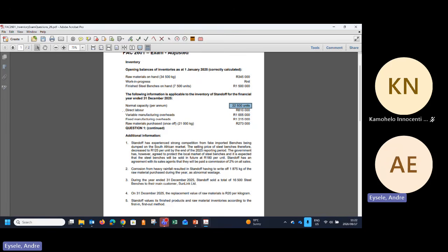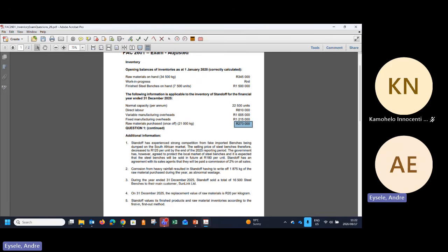What was the variable manufacturing overheads? Well, that equals 1.1 million and 5,000 rand. The fixed manufacturing overheads was 1215, and the raw materials purchased once off for the period was 273,000 rand. That is the raw materials that you purchase for the given year.